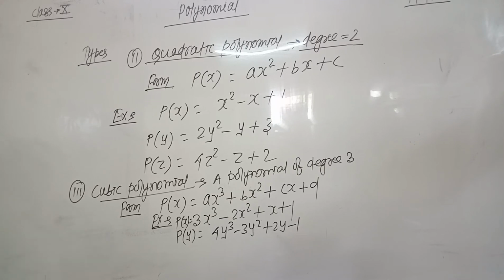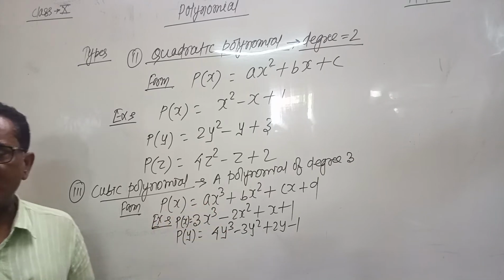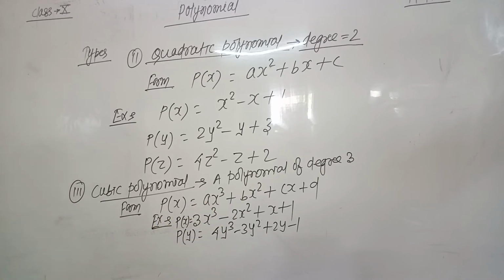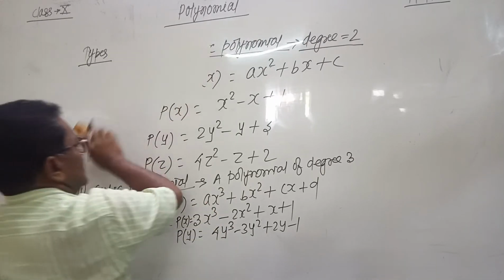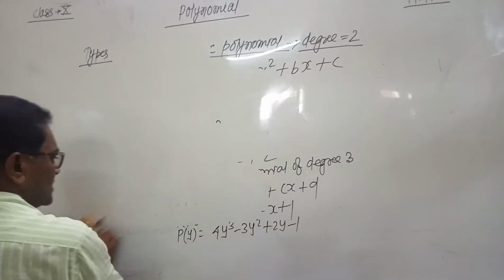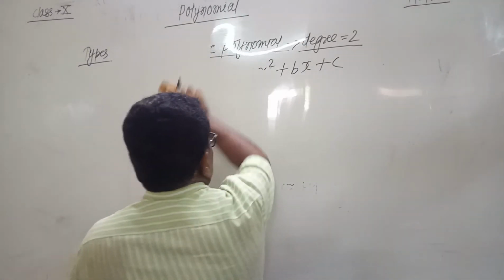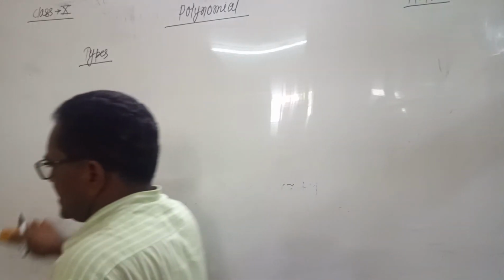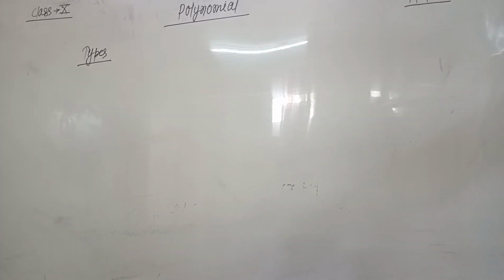Third, the cubic polynomial, a polynomial of degree 3, whose form is ax cube plus bx square plus cx plus d. And fourth and last one which we have to study is biquadratic polynomial.